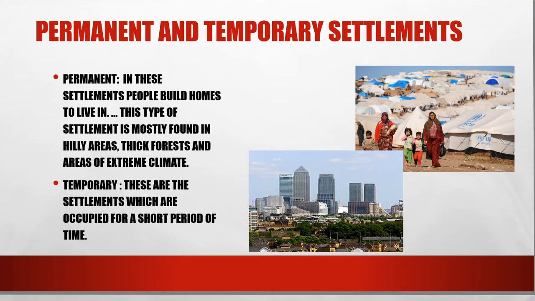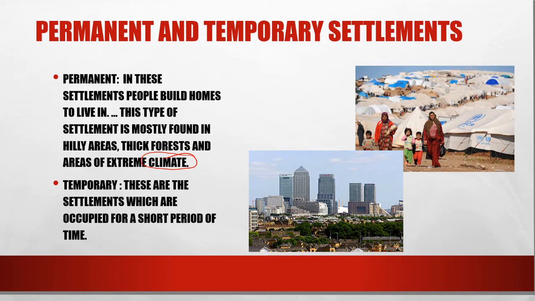Permanent and temporary settlement. As I have said already, in permanent settlements people build homes to live in. This type of settlement is mostly found in hilly areas, thick forests, and areas of extreme climate. So why the areas of extreme climate?